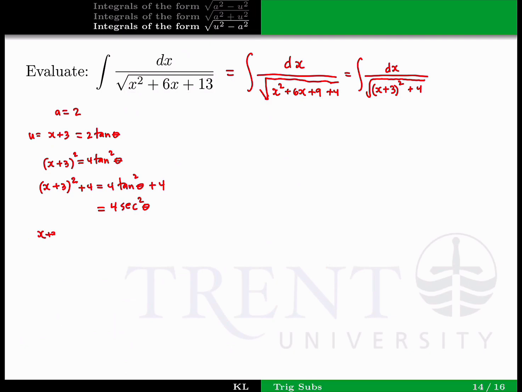So x plus 3 squared plus 4, take the square root of this, we have 2 secant theta. And from here, dx, derivatives of both sides of the equation, so we just have dx on the left-hand side. On the right-hand side, we have 2 secant squared theta d theta.